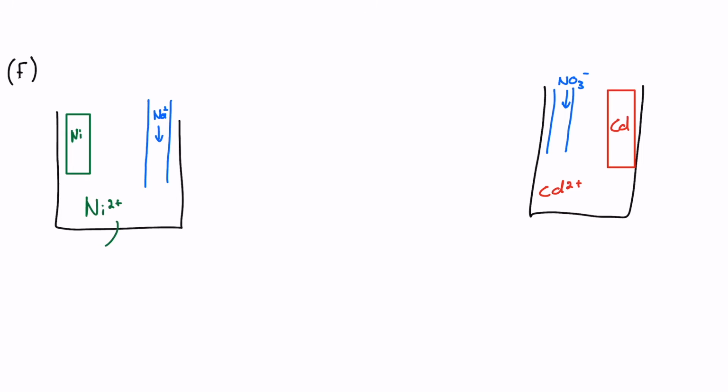So the question is, how do you get nickel 2 plus into solution here? Well, you probably have to dissolve something like nickel nitrate. And to get cadmium 2 plus here, you probably have to dissolve something like cadmium nitrate. I'm just using that to make it a bit easier.